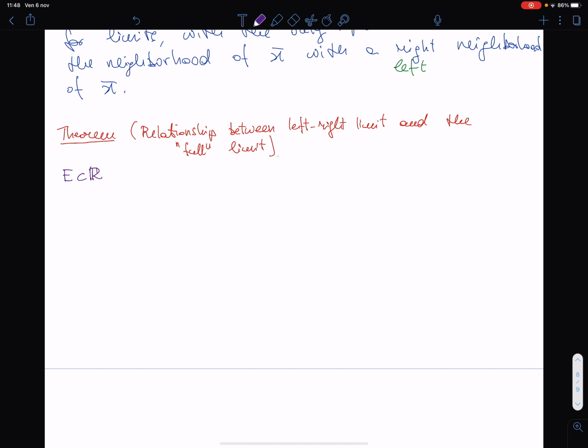as usual, we have a domain E in R, E not empty, X bar in the E. So the fact that E is not empty should be somewhat accepted for every statement, I say.